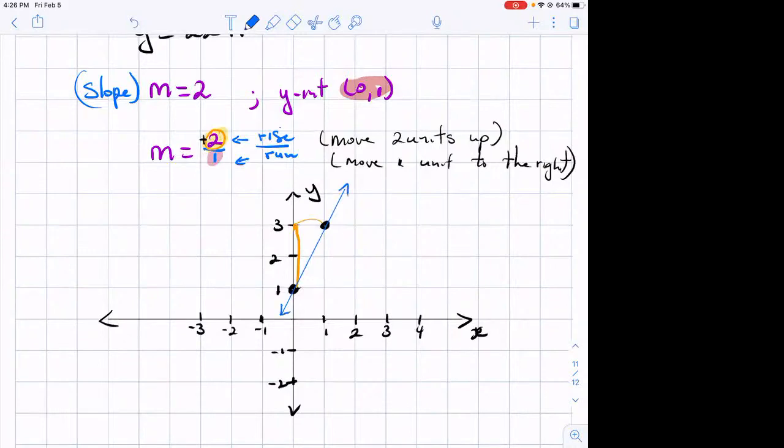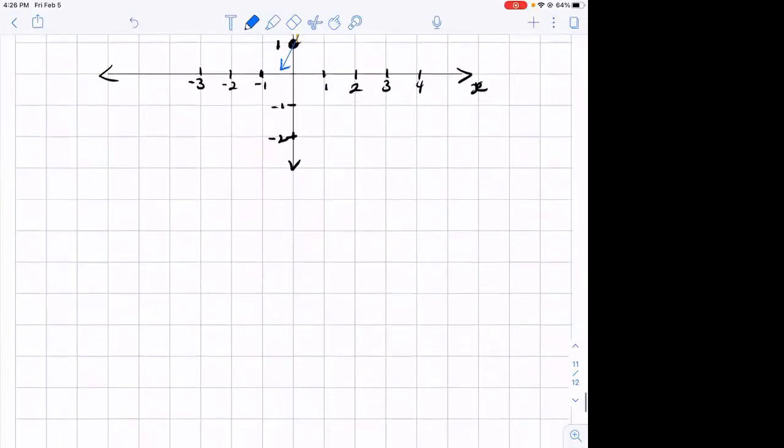And this is the equation y equals 2x plus 1. So this is a much faster technique, right? We don't have to make a table, we don't have to plug in values, we just have to identify the slope and the y-intercept. Yeah? A much faster technique. So let's look at another example.